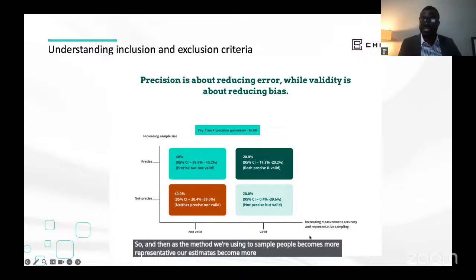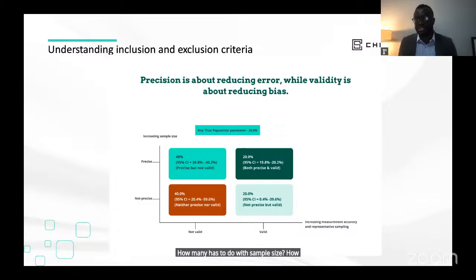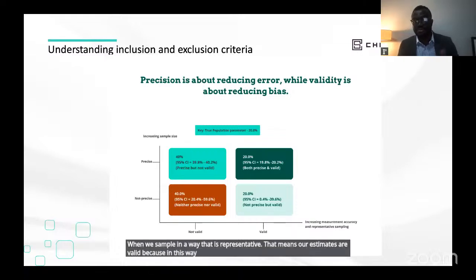So again, remember we said there are two questions we always have to ask: how and how many. How many has to do with sample size. How is how are we sampling these people? When we sample in a way that is representative, that means our estimates are valid because in this way, the sample becomes more representative of the population, right?